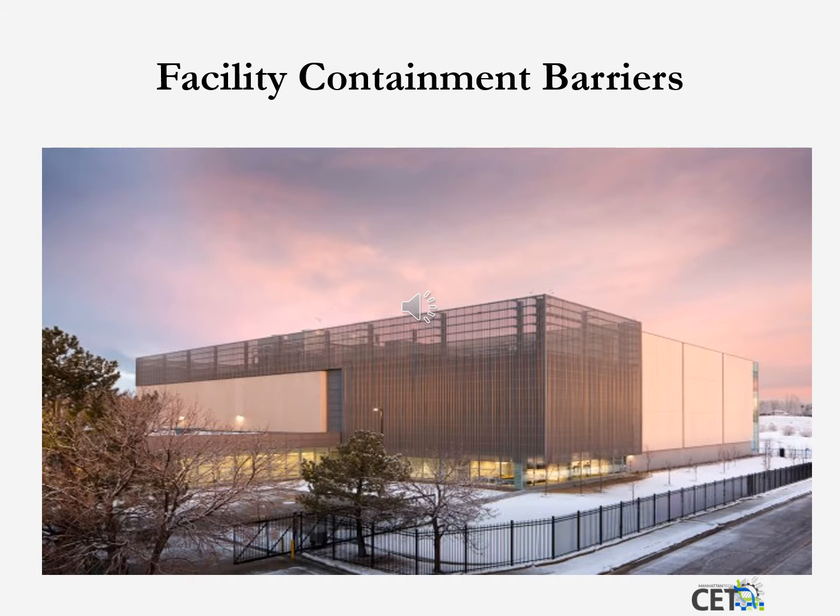We talked about the safety features of different BSL levels of labs, but the entire building and grounds are also designed in ways to help contain microbes. This is done by creating zones of containment or isolation, and they're called, interestingly enough, primary, secondary, and tertiary barriers.